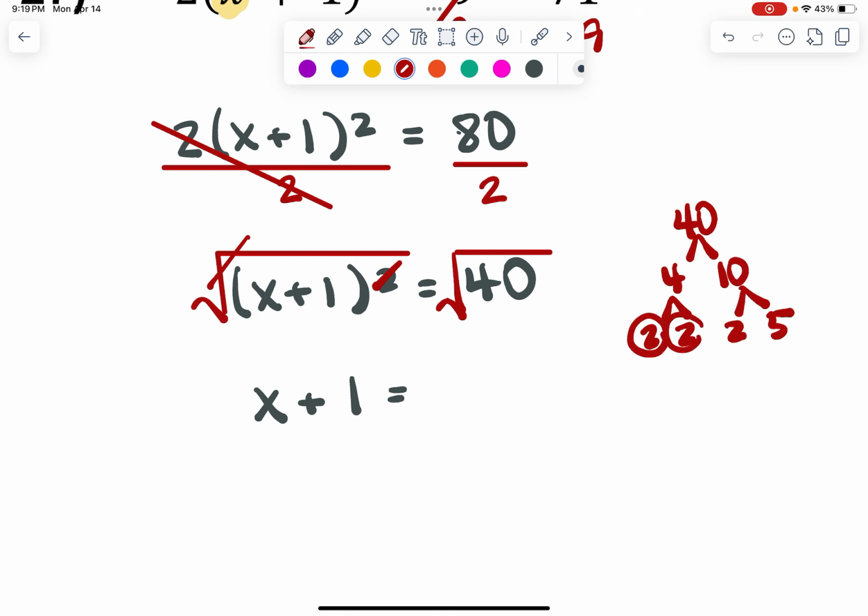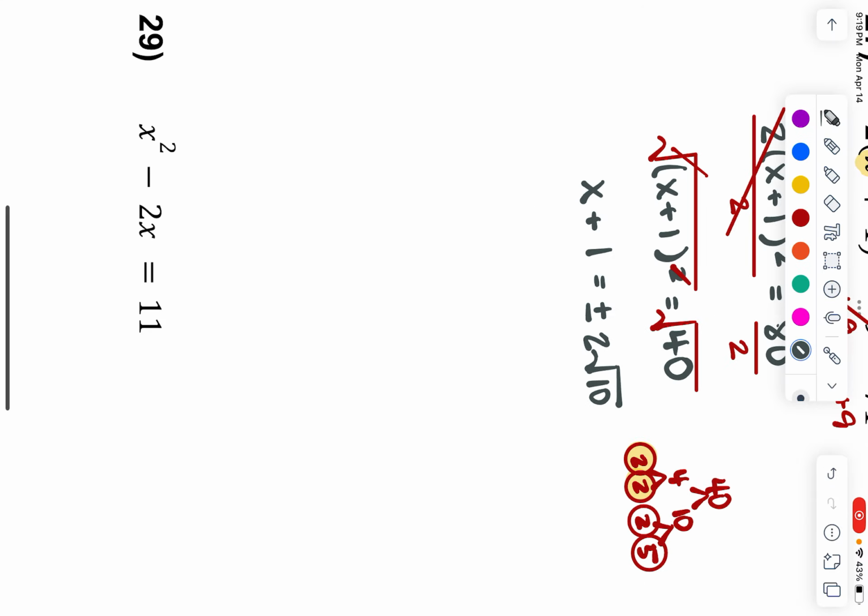If I simplify the square root of 40, everybody should get 3 2s and a 5, which means I definitely have a pair of 2s. So that means it's 2 root, and then this 2 and 5 have to stay inside, so 10. But don't forget, plus or minus 2 root 10.